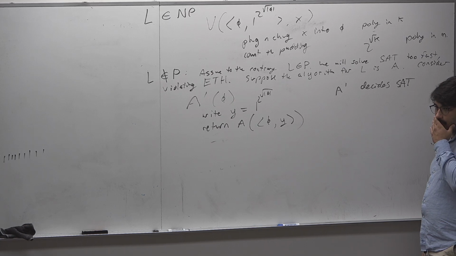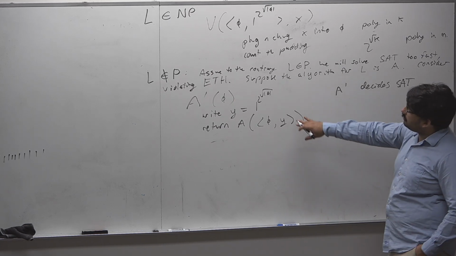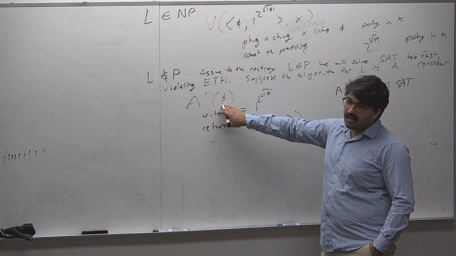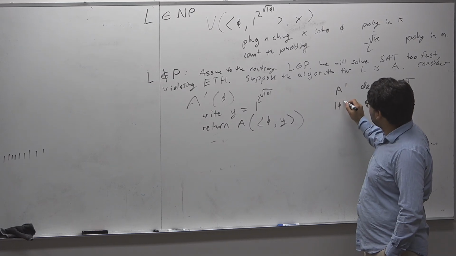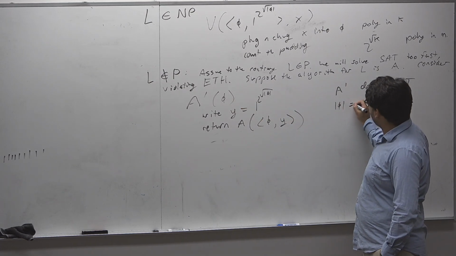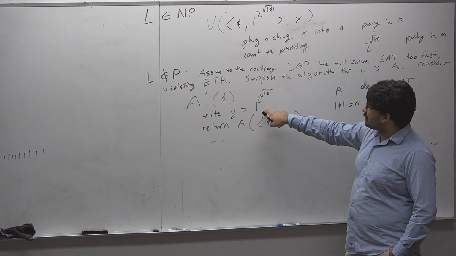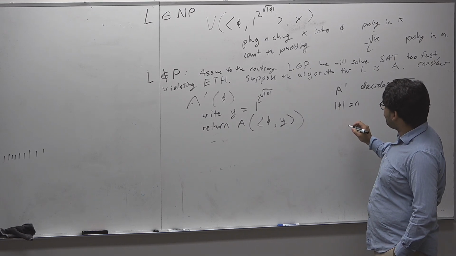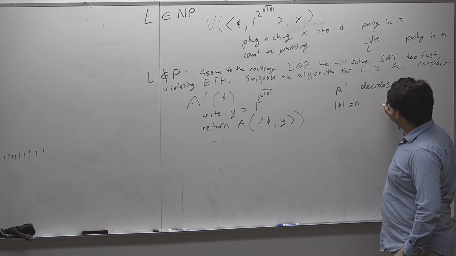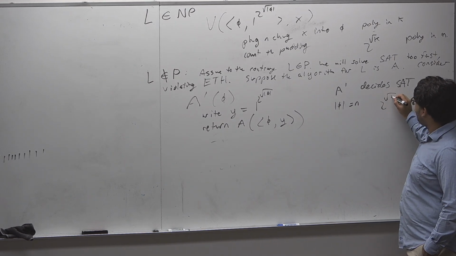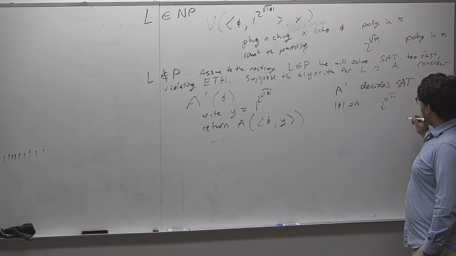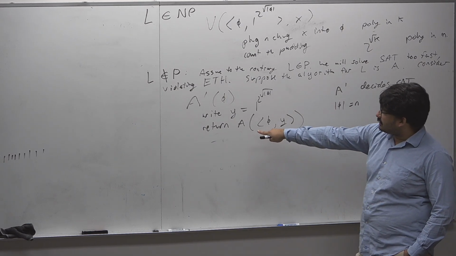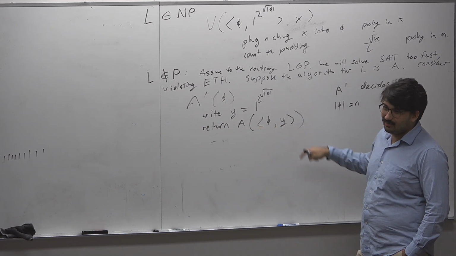Polynomial time, or, yeah. Well, not quite. Let's figure it out. The input here is, let's say, n. Let's say phi is of size n, because there's no padding here, okay? This takes how long? This takes 2 to the square root of n time. Then this takes some polynomial in that. We don't know what that is.